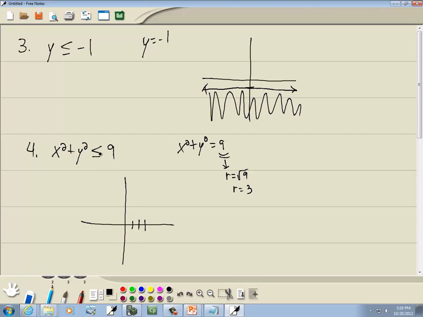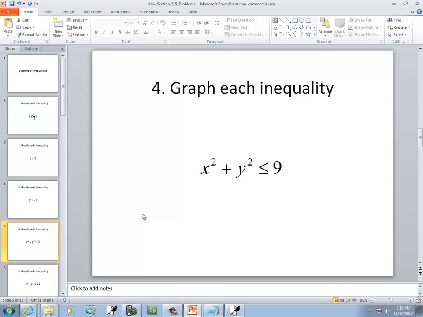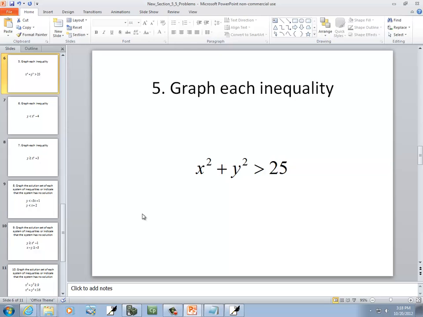Now it's a less than or equal to. Less than or equal to means it's going to be a solid line. So it'd have that. And since it's less than, then we're going to shade what's inside the circle. And that'd be our answer. If it was a greater than, then we'd shade on the outside, which is actually, I think, the next problem.